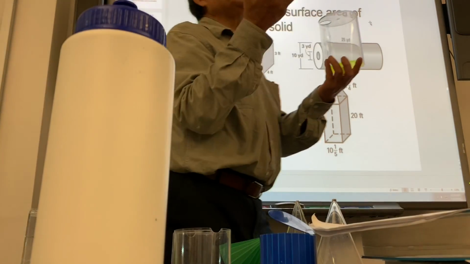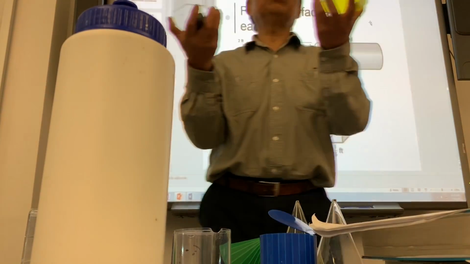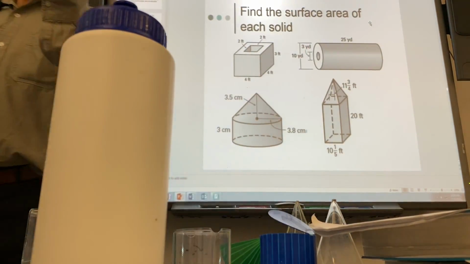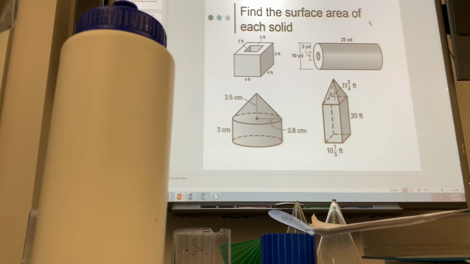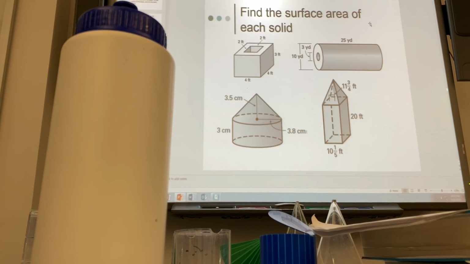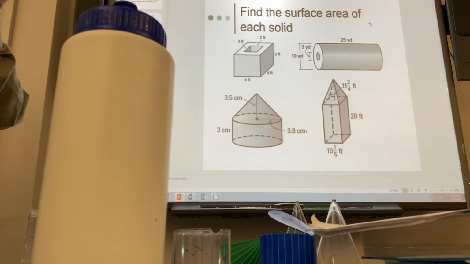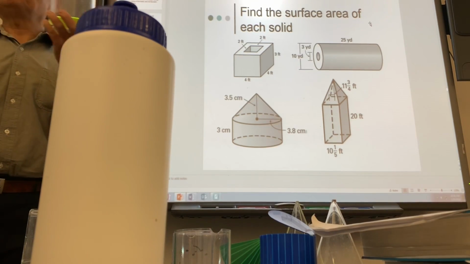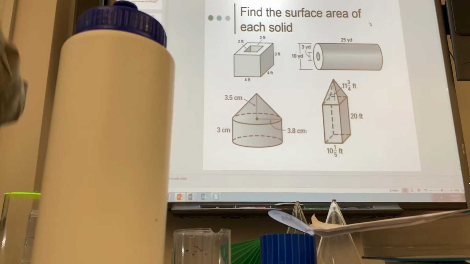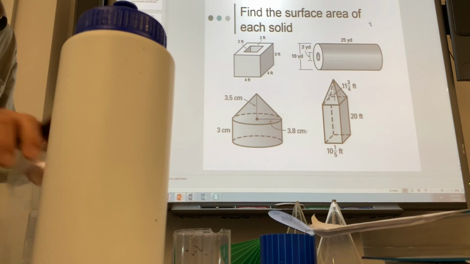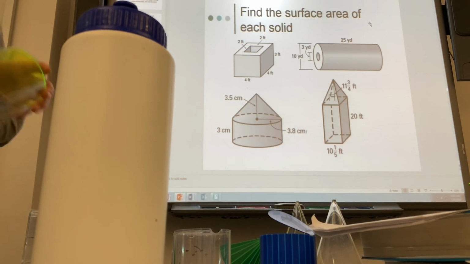You just tell me the general formula. Yes, 2B plus P times h. That's 2 base areas, 2 capital B, plus perimeter times h, or circumference times h.